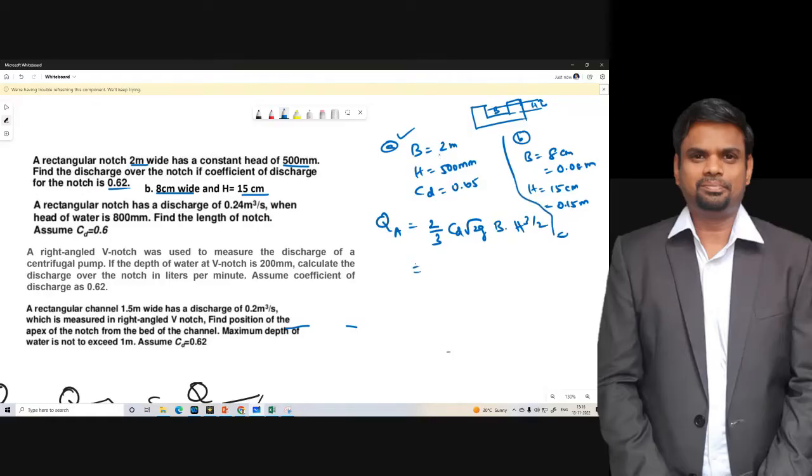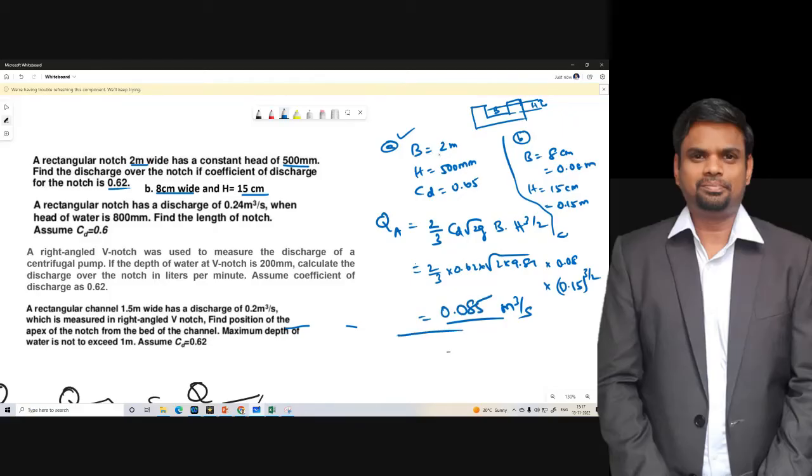What we get is 2 by 3 into 0.62 into square root of 2 into 9.81 into 0.08 into 0.15 power 3 by 2. Please use the calculator. What we get is meter cube per second. So that is 0.085 meter cube per second.